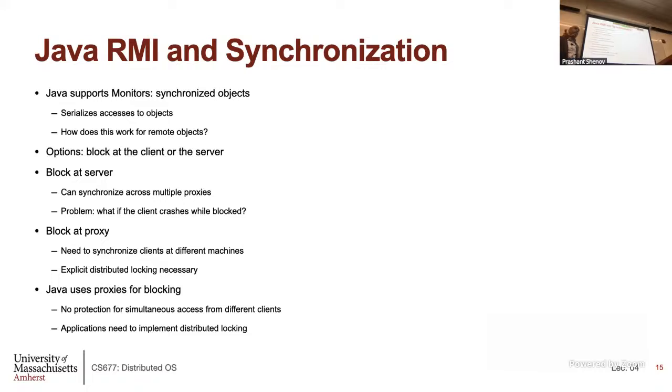If you stick that word synchronized in front of any method you write in an object, that method automatically gets a lock, which means that only one thread can execute that method on that object at any given time. If there are multiple invocations of that method at the same time, the locking will take care of ensuring that only one thread is executing in that method. Different threads can execute different methods of that object, but anything that's synchronized, only one thread can execute it.